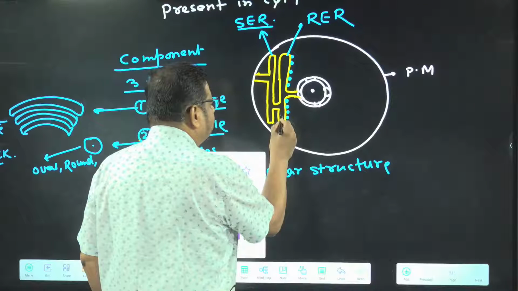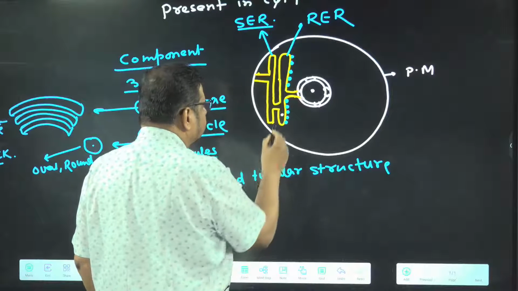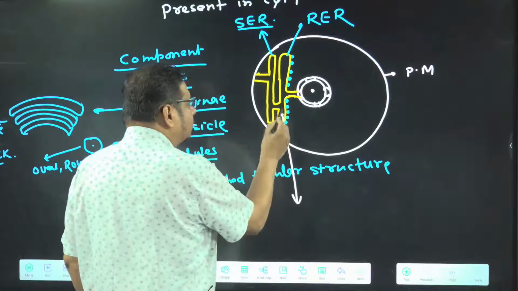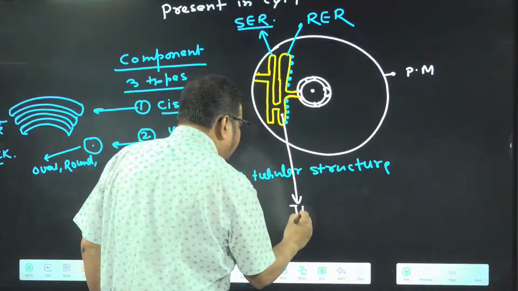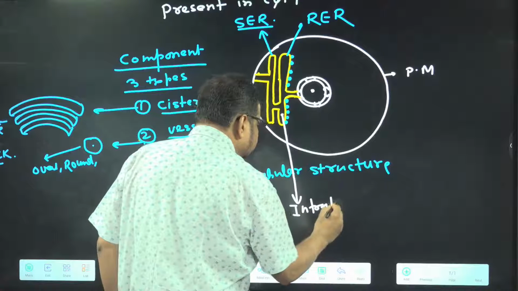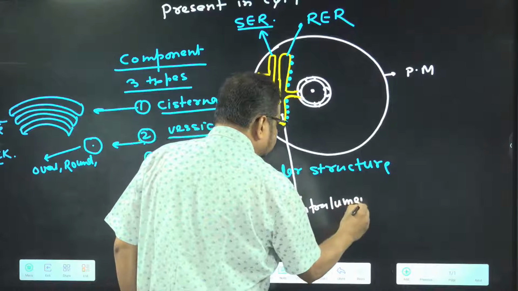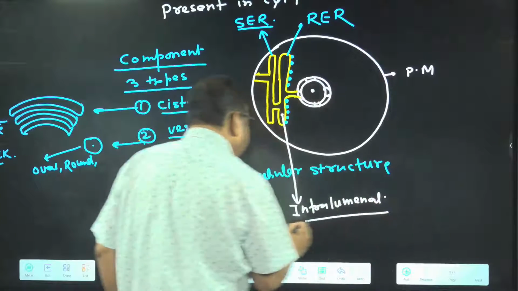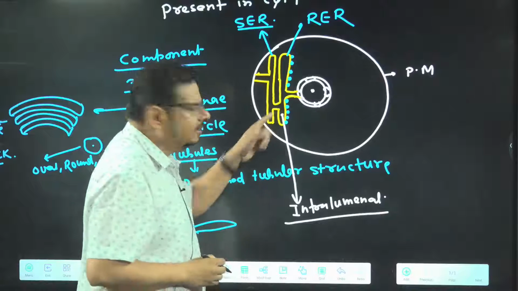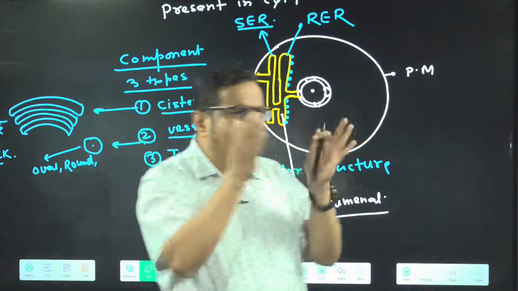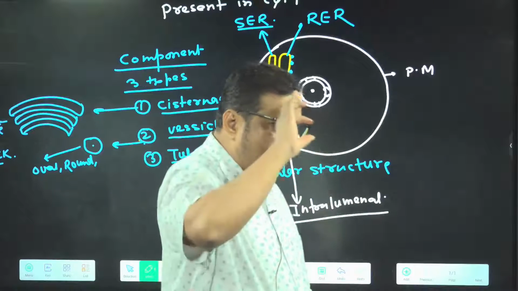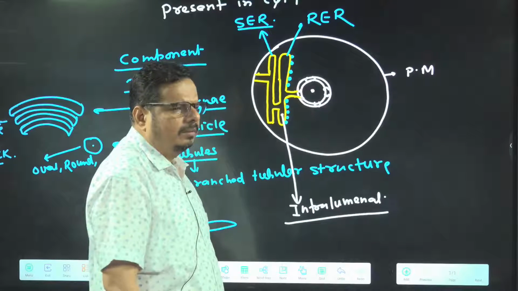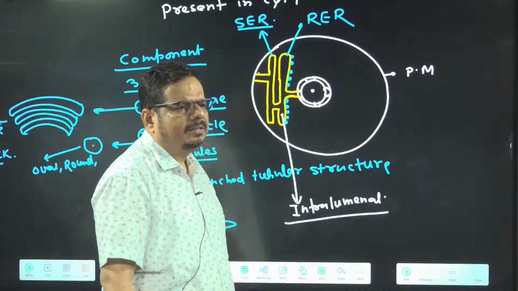Look, I am just putting a point here. This part is called intraluminal. Intraluminal means the cytoplasm present inside the lumen, inside the tube of the endoplasmic reticulum. You can say intraluminal cytoplasm.